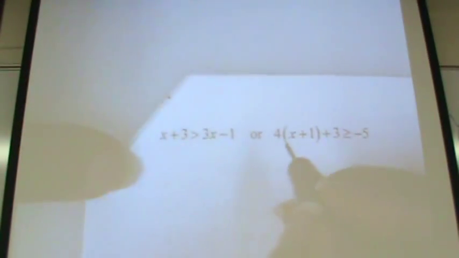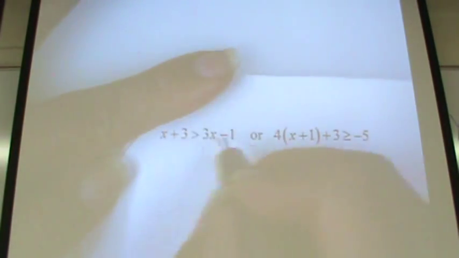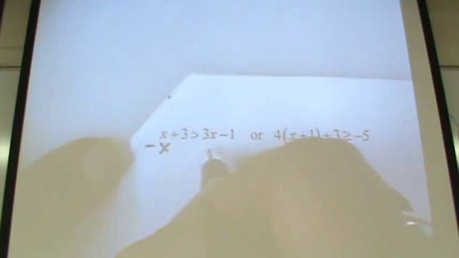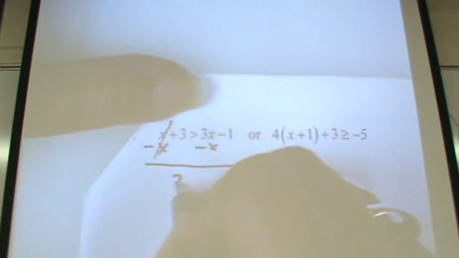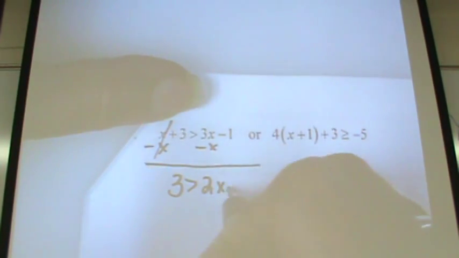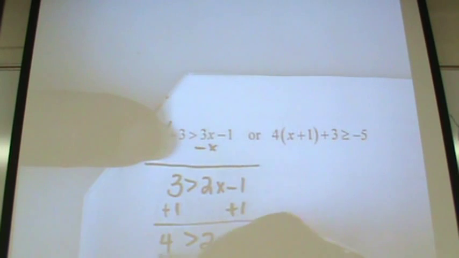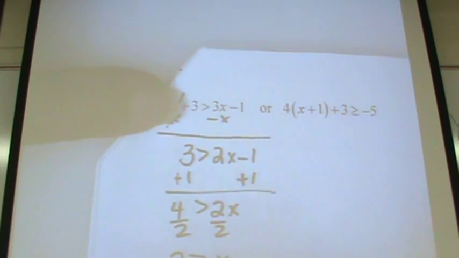Number 18. This is an OR. We're looking for both. Both of these go on one graph. So first, I would subtract x. 3 is greater than 2x minus 1. Add 1. 2x less than 4, divide by 2. 2 is greater than x, and I like to rewrite it like that.